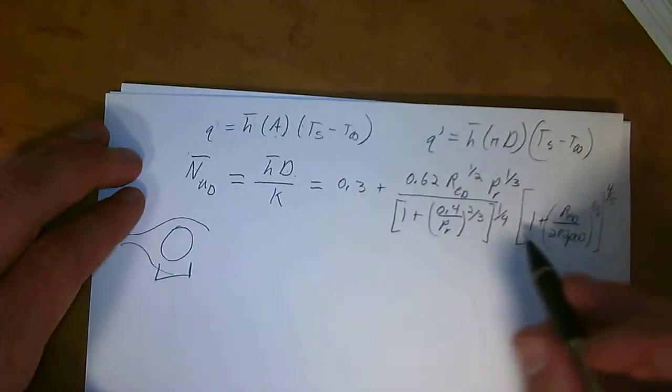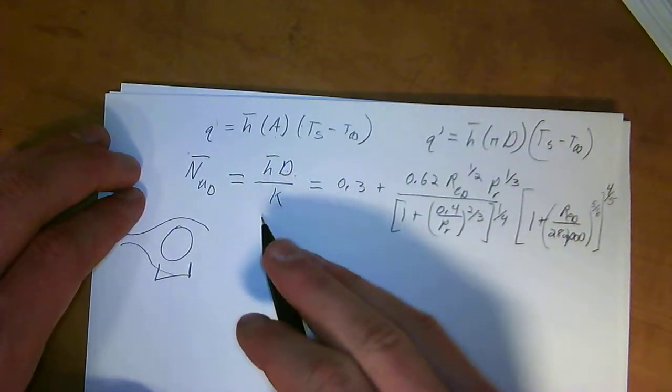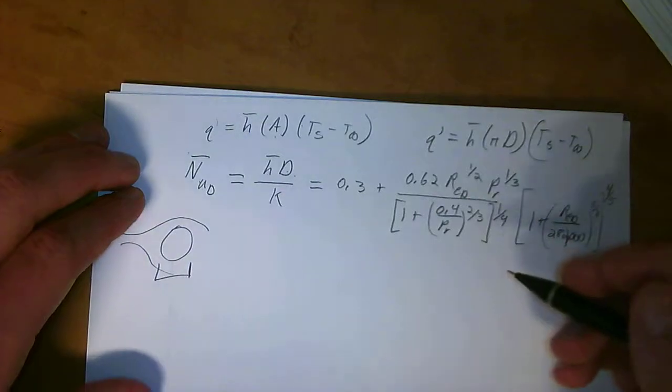So that is your Churchill-Bernstein correlation for Nusselt number. And we're trying to find h bar, so we're going to go ahead and move k and d over to the other side.